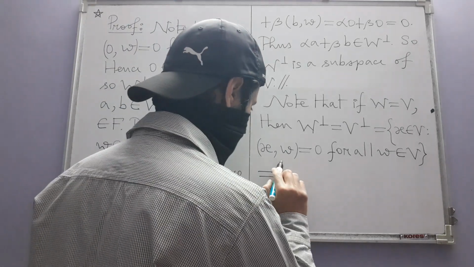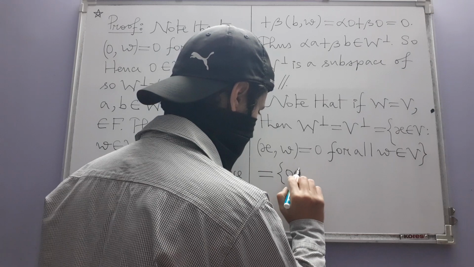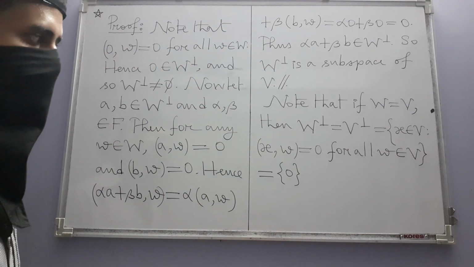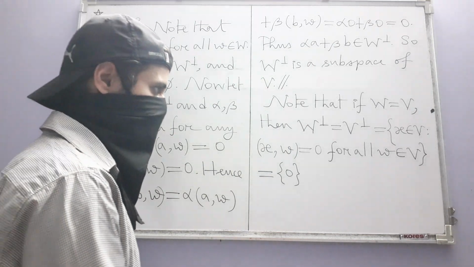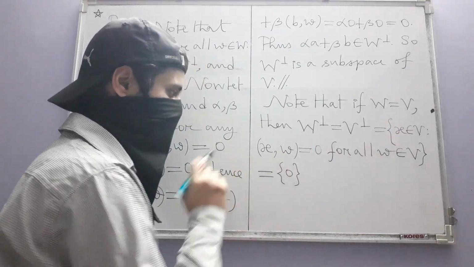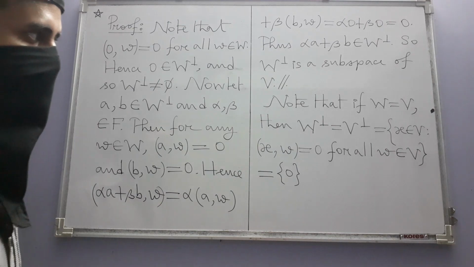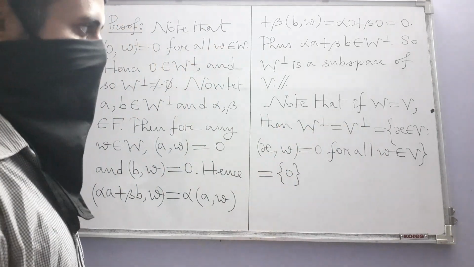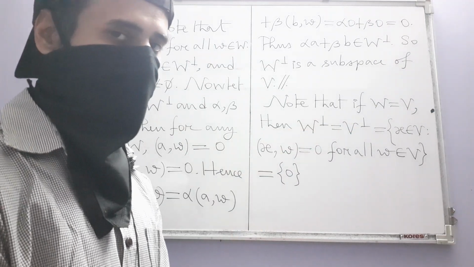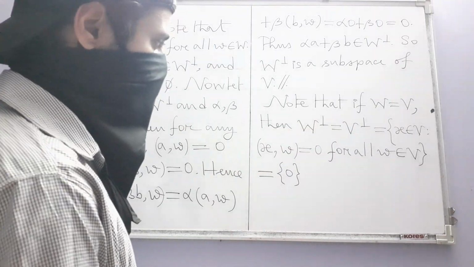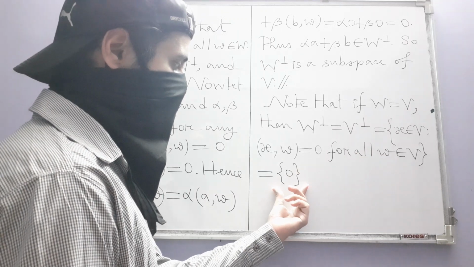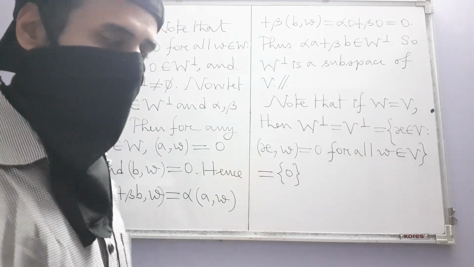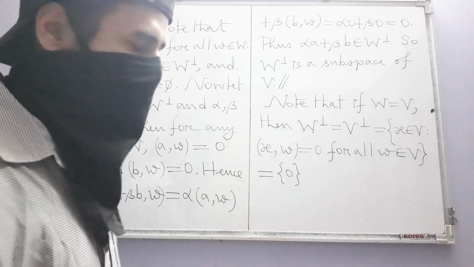That means that this set consists of only the 0 vector. You can clearly see why this is equal to this. So if your subspace is as large as you want, namely the entire space V, then its orthogonal complement is as small as it can possibly be, namely the smallest subspace, the 0-dimensional subspace.